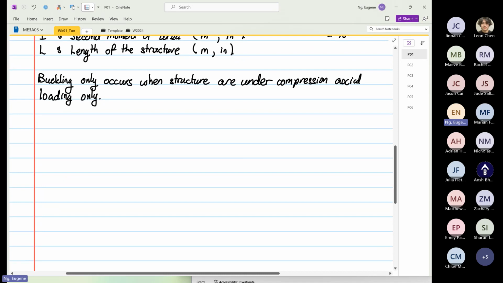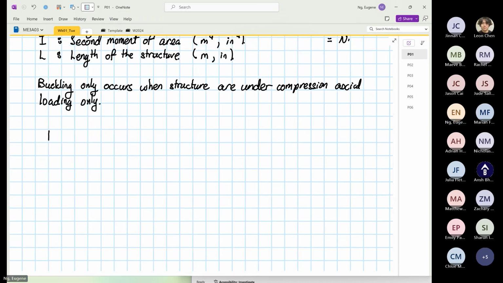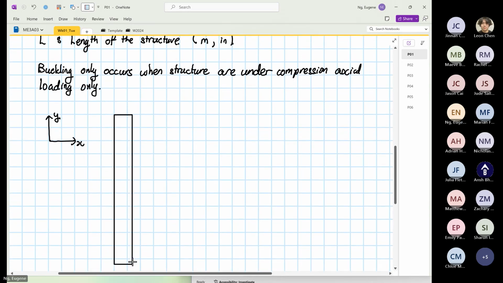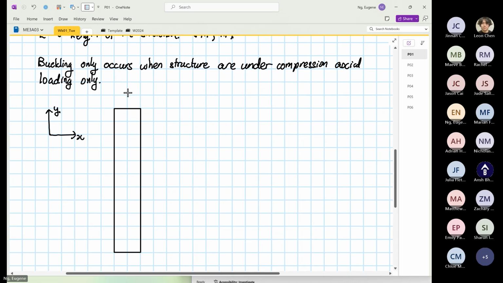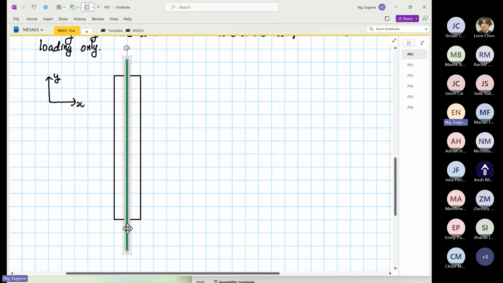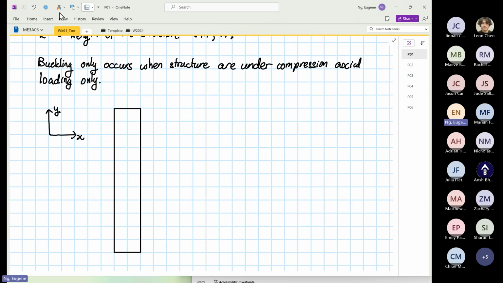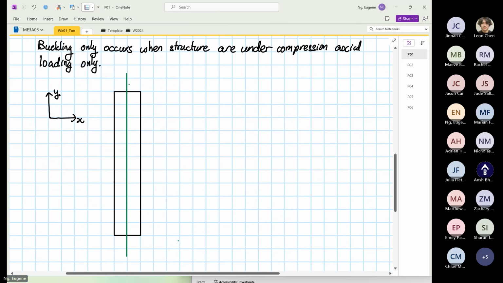So what do I mean by that? If I were to draw a diagram, this is our beam, and I'm going to draw a green line. This green line that you see me drawing is our centroid.